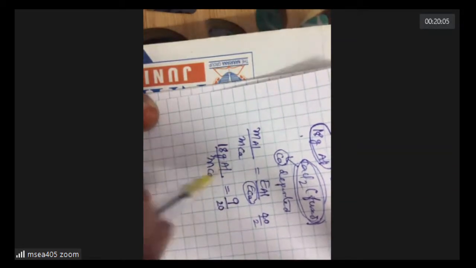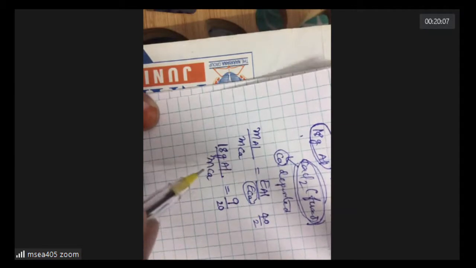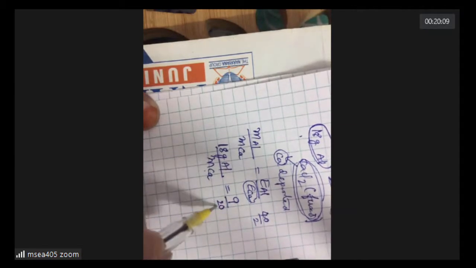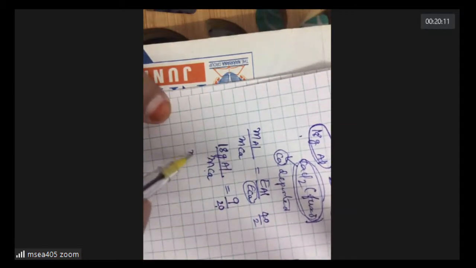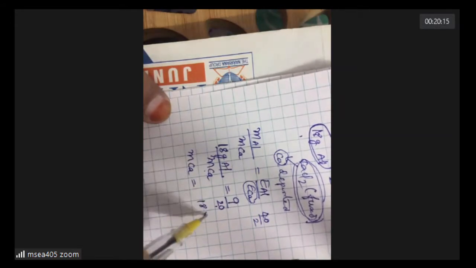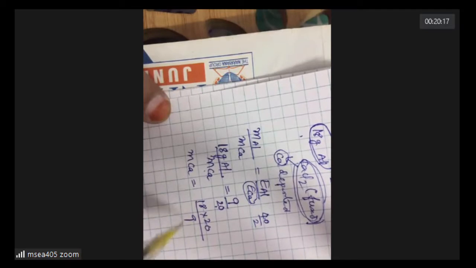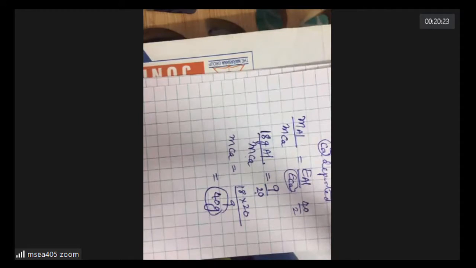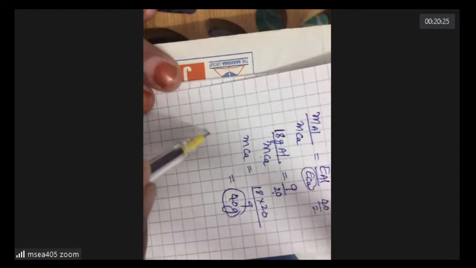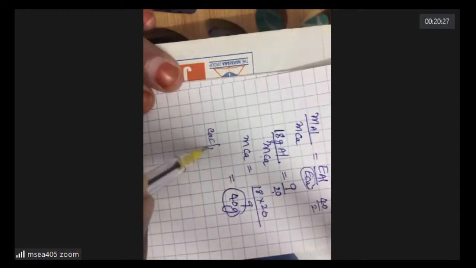So 18 grams of aluminum by m grams of calcium is equal to 9 by 20. Therefore, mass of calcium is equal to 18 into 20 by 9. So you'll be getting how much, sir? 40 grams.